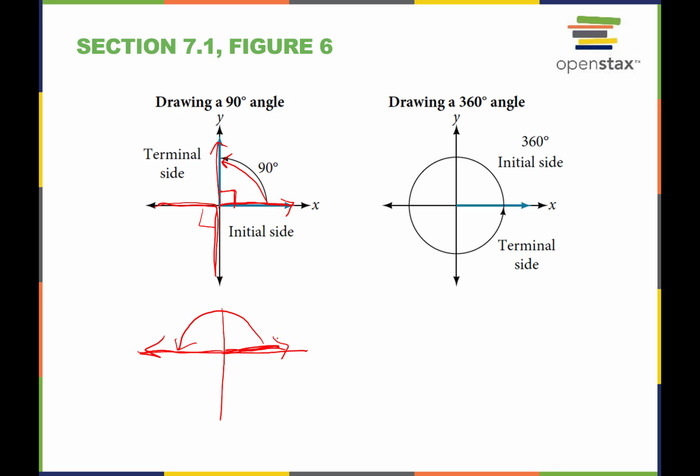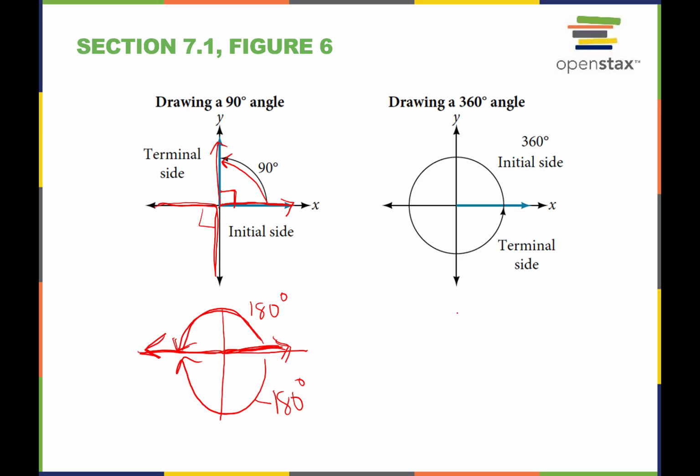I would have one ray pointing this way, one ray pointing this way. So this would be 180 degrees. If I opened it in the other direction, instead of opening it up this way, if I started here and opened it up in this direction, that would be negative 180 degrees. And the negative only tells us which direction it's opened.